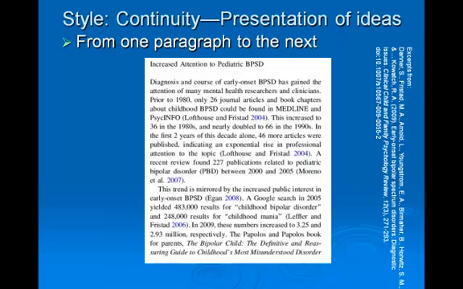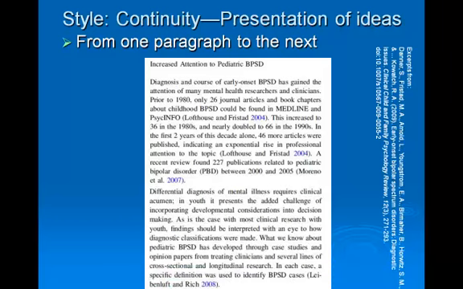But when it doesn't flow, that's when you can say, oh God, that's painful to read. So look at an example. If we take the same article, and if we cut and paste a paragraph from somewhere else, so here's stuff about bipolar disorder being diagnosed more, and then we go right into "differential diagnosis of mental illness requires clinical acumen." What? There's an abrupt shift in ideas, right?